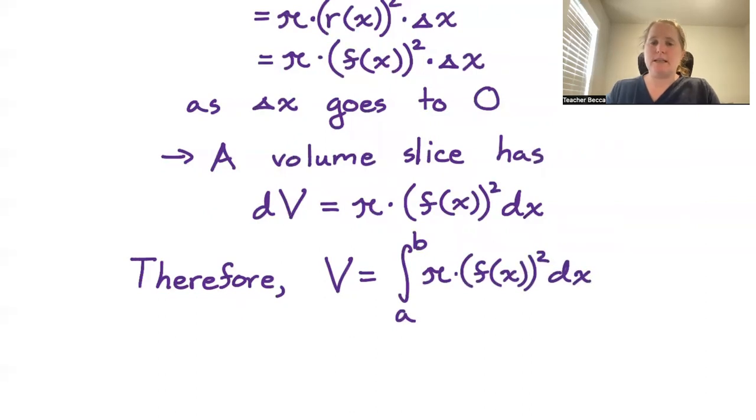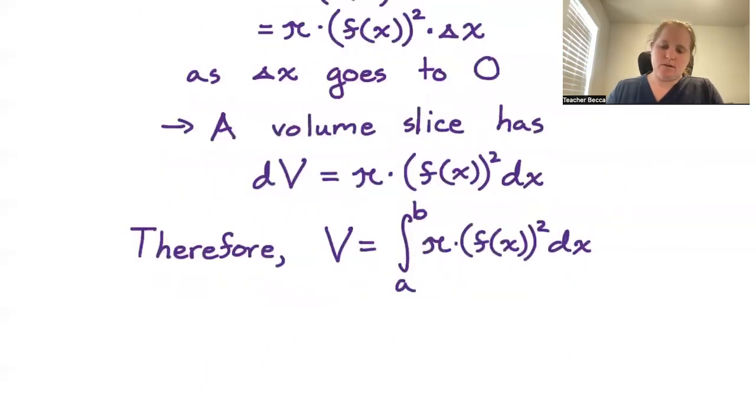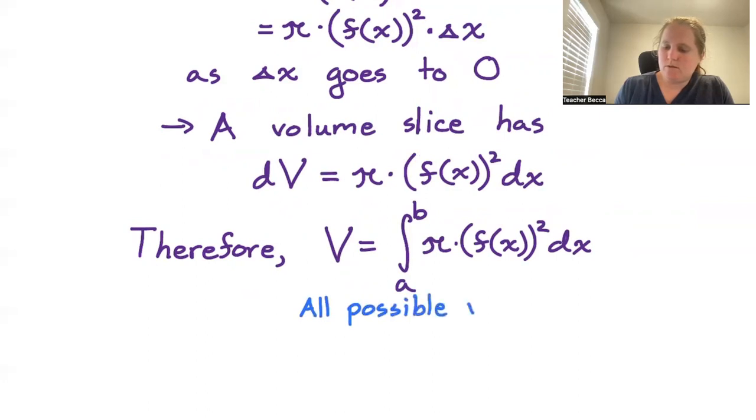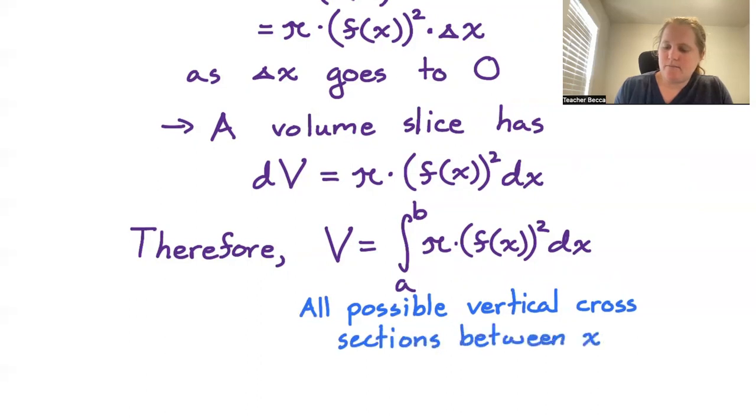So here, this is taking all of the possible cross sections, letting x run from a to b. So this is all possible vertical cross sections between x equals a and x equals b.